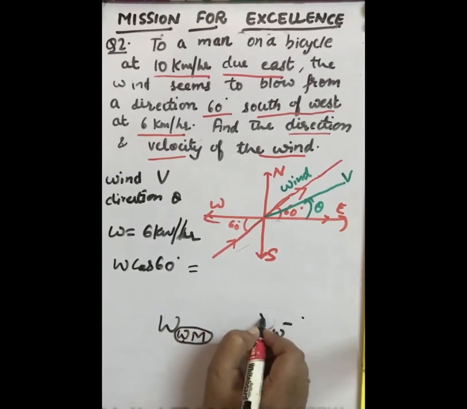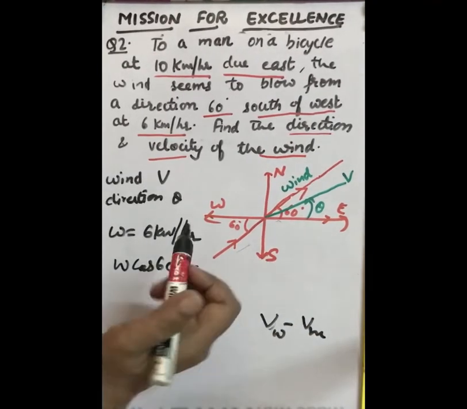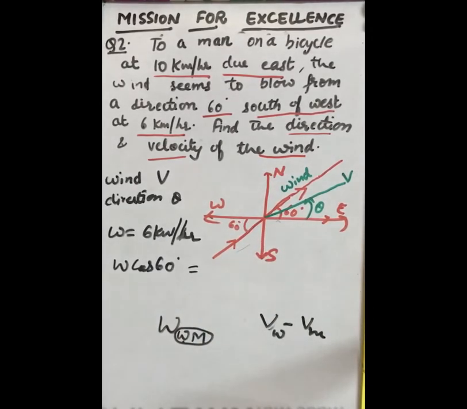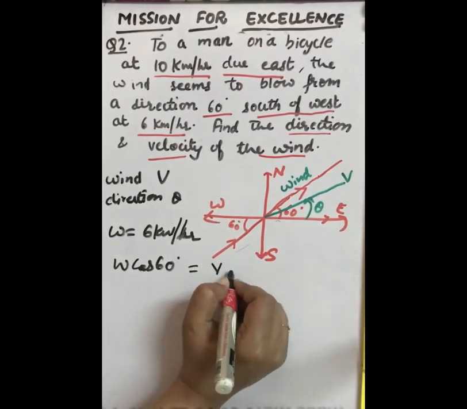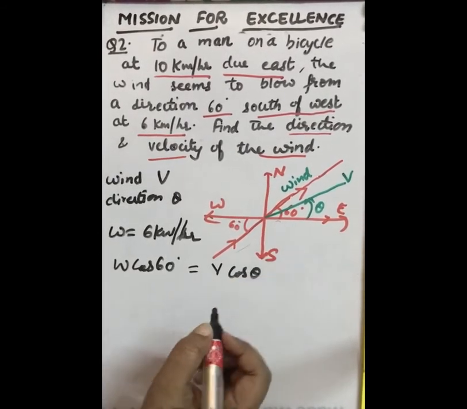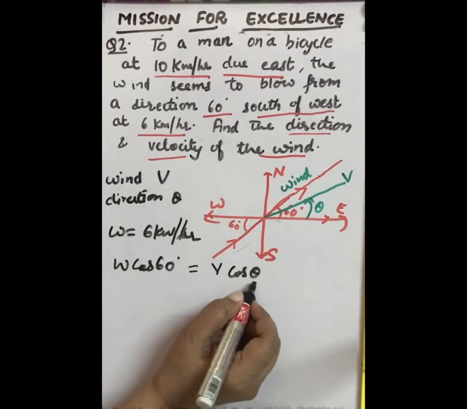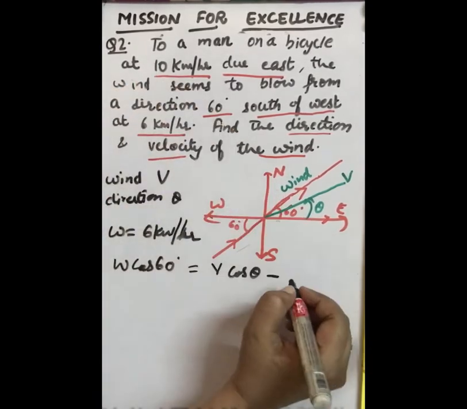Velocity of wind minus velocity of man. So velocity of the wind is v cos theta. This is the actual velocity and this is the apparent velocity. So v cos theta minus 10 kilometer per hour.